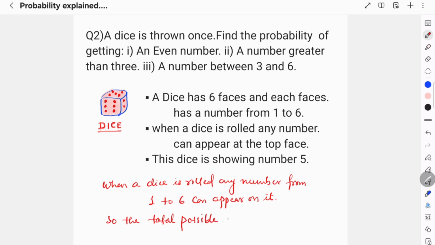So the total possible outcome of rolling a dice is 6, because it will show any number from 1 or 2 or 3 or 4 or 5 or 6. So these are 6 numbers. So any one can appear as a result.